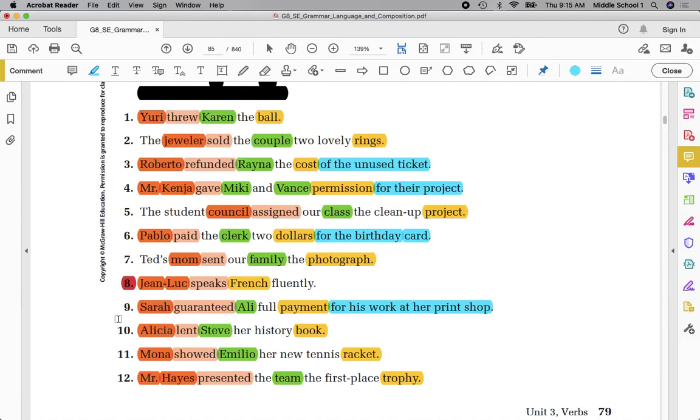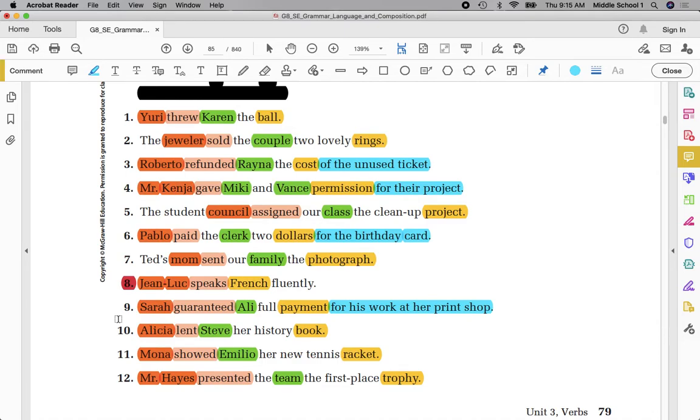We started the year with reviewing prepositional phrases. Then we talked about simple and complete subjects and predicates. We spoke about nouns. And we're talking about verbs and objects, and everything that we've talked about, we're able to apply here. Alicia, lent, indirect, Steve, direct, book.